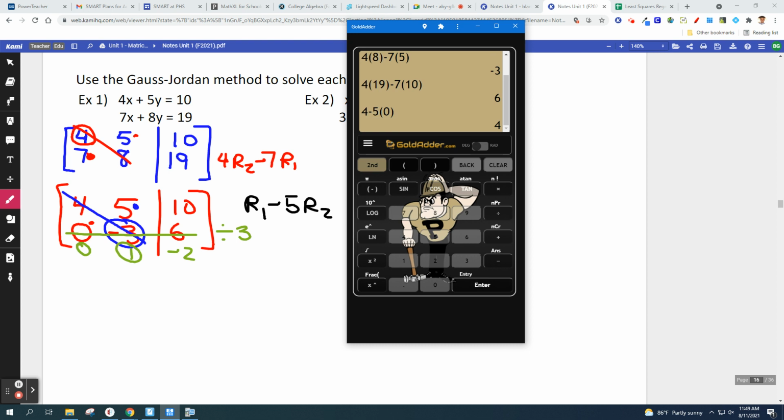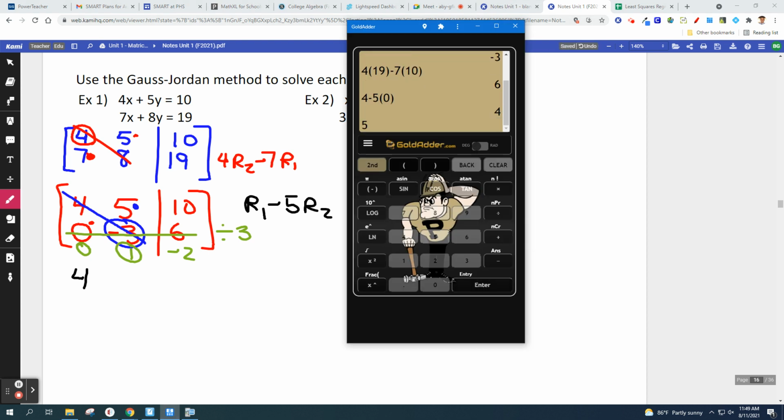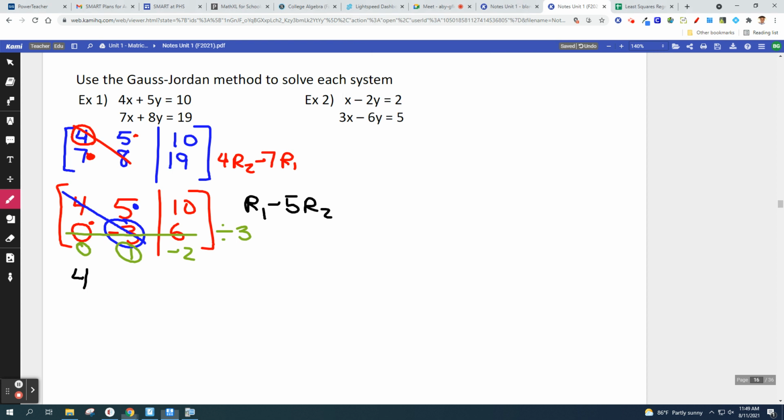So 4 minus 5 times 0 is 4. And row 1 minus 5 times row 2 is a 1. That's 0, of course. That's why I picked what I picked. And then we do the 10 with the -2.